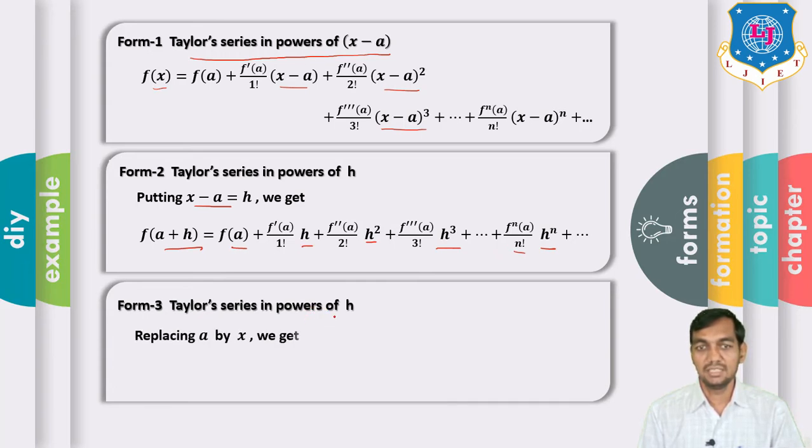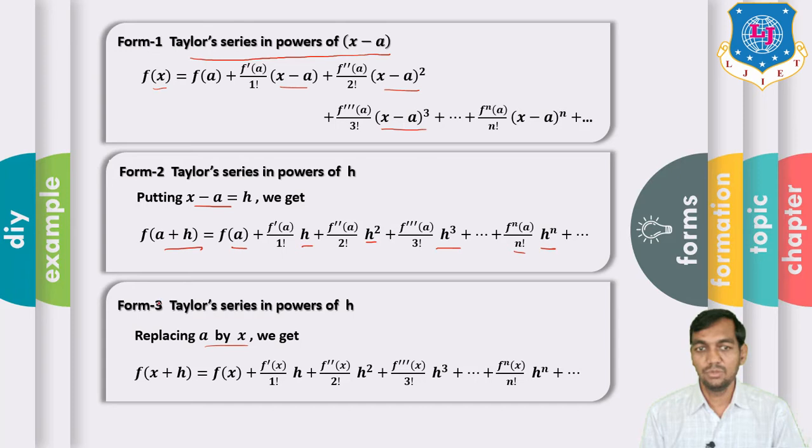In the same manner, the Taylor series again in the powers of h, but here we are replacing a by x. That means now instead of a simple h, you are obtaining the series in the form of x. Here a is a constant, but now x is a variable.